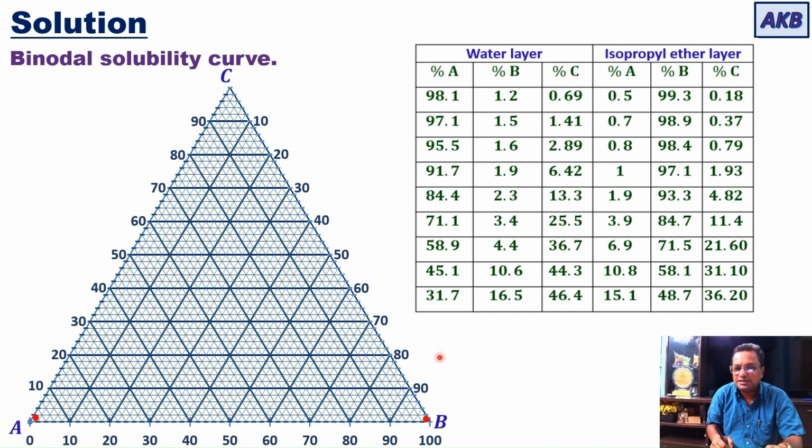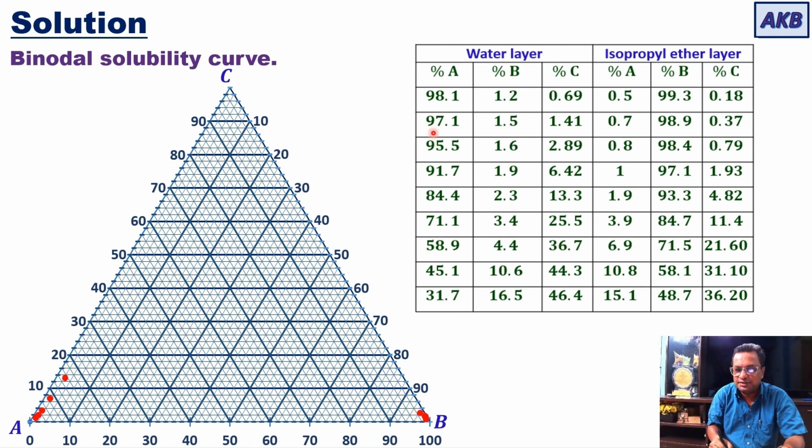So likewise, all other points have to be plotted by using the same technique. The second point is now plotted over here. The third point is plotted over here. Then the fourth point, I am simultaneously plotting.